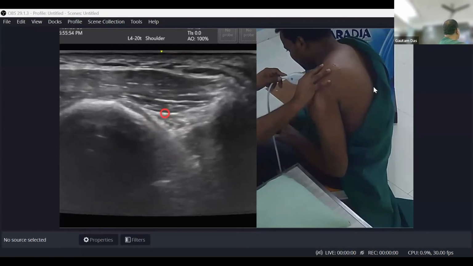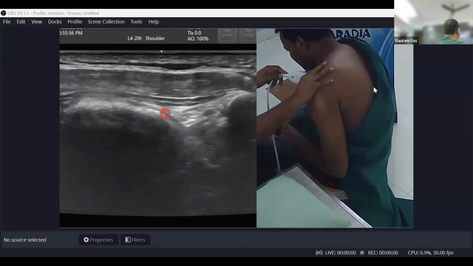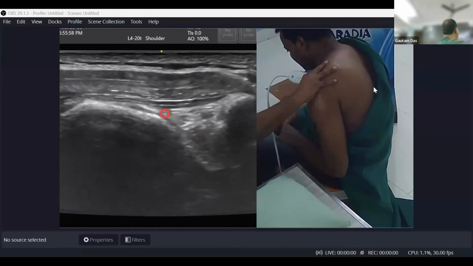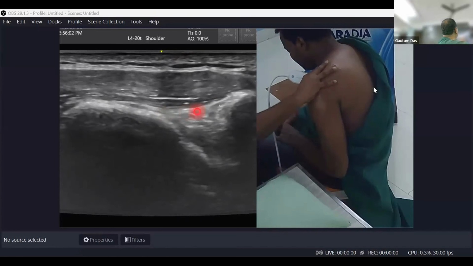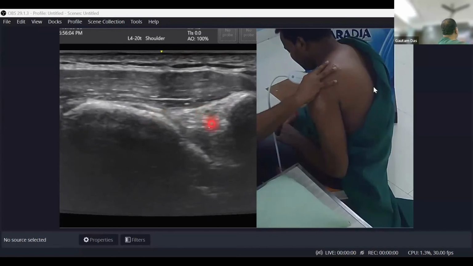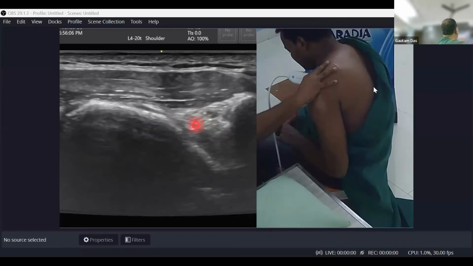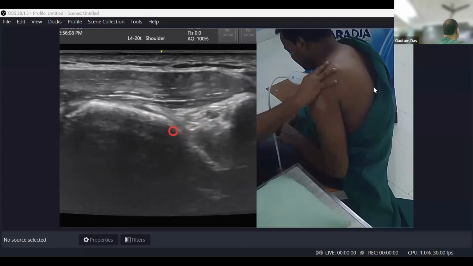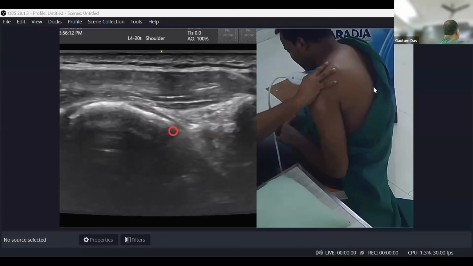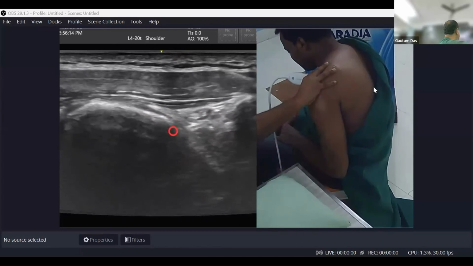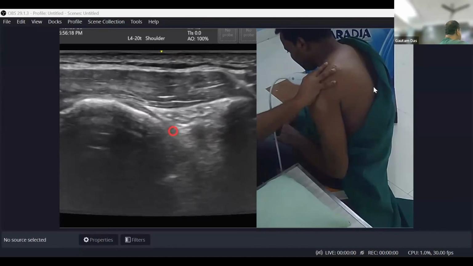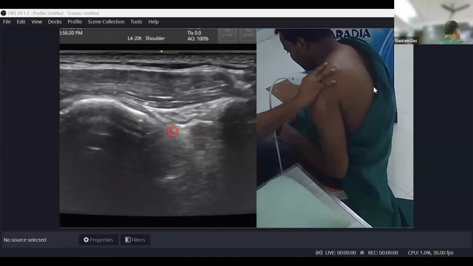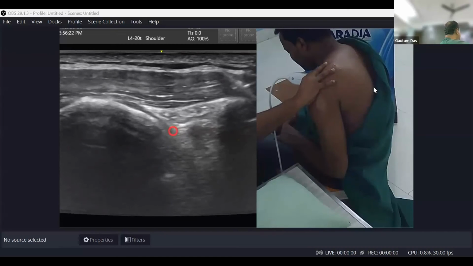And this is the trapezoid part. If I keep rotating the probe more medially, this is the conoid part of this ligament. Here one of the blood vessels is present, and in this area the articular branch of the lateral pectoral nerve comes accompanying these blood vessels. That is another target for anterior shoulder pain: the articular branches of the lateral pectoral nerve.